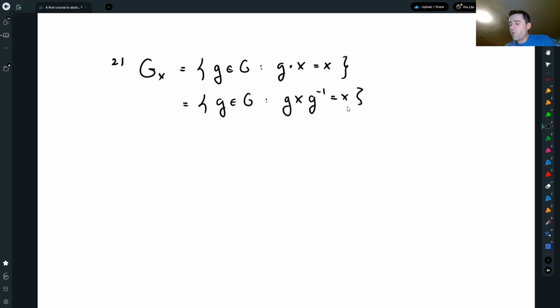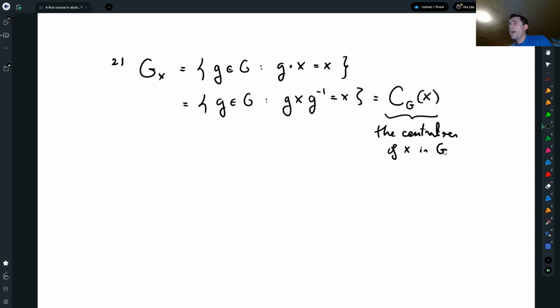And there is a name for that, those elements that conjugate x to itself. That is called the centralizer of x in G. And it is a subgroup. We have proved that the stabilizer is a subgroup, so this is a subgroup also.